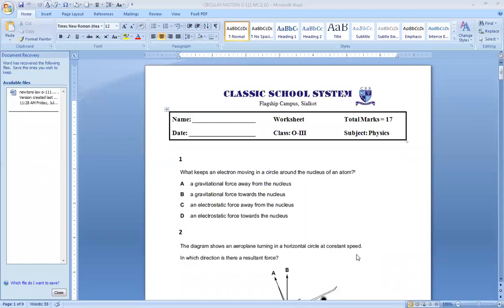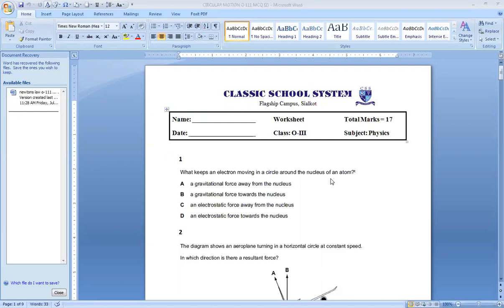Okay, I'm starting the first question. What keeps an electron moving in a circle around the nucleus of an atom? We know electron is negatively charged and nucleus is positively charged. So the force between electron and the nucleus is opposite and equal, and that force is electrostatic force, the one which is due to the charges.